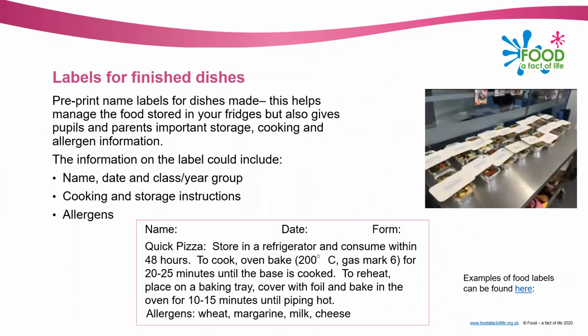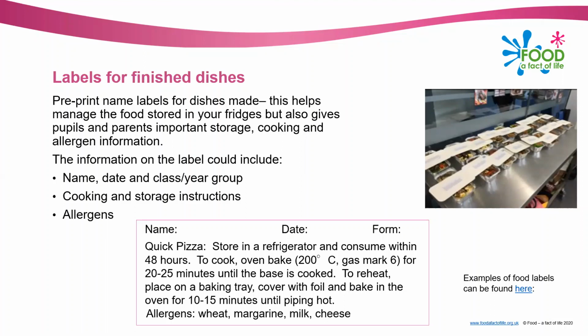And then also something else which I think is really important, and very good for your general food safety management. Some of you may do this already, but it's producing labels for finished dishes. Whether this is something you make in primary school or in secondary school, it helps control the management of your fridge, but also gives pupils and parents important storage, cooking and allergen information.